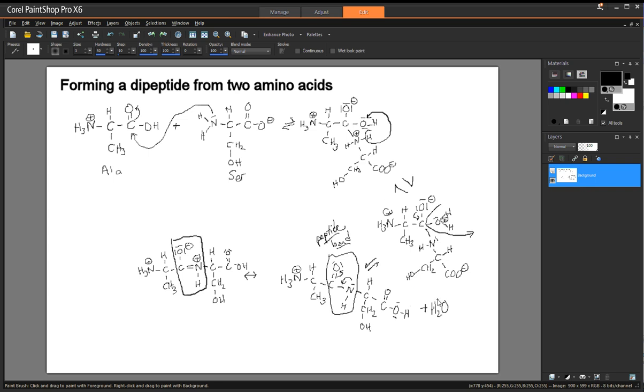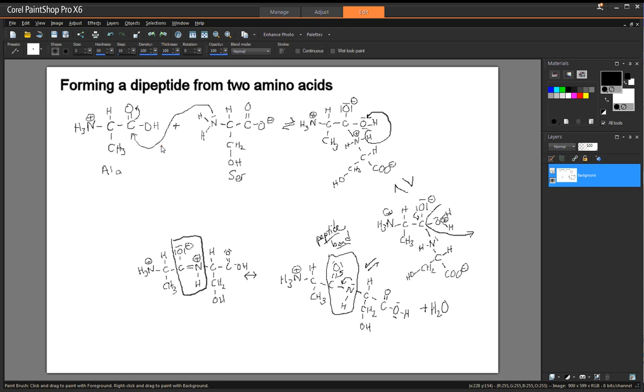Now, one thing about peptide bonds, like all the other bonds I've been talking about, all these reactions are reversible. We can actually take this water and we can nucleophilically attack that carbonyl carbon right there. We can regenerate this positively charged oxygen here. We can move the proton over to the amino group, like here, and then we can eliminate one amino group from that carboxylic acid and regenerate our serine and our alanine from this dipeptide.